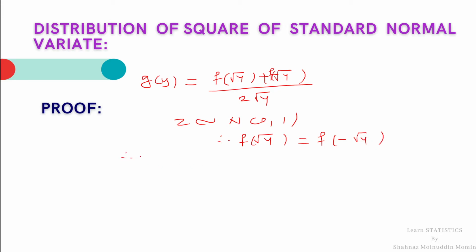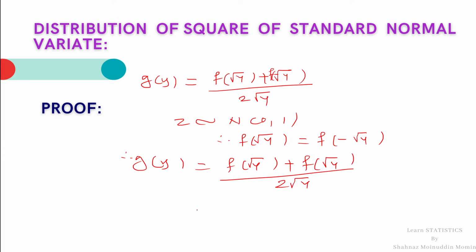Hence gy is equal to f of under root y plus f of under root y divided by 2 under root y. So it is 2 f of root y divided by 2 root y. 2 gets cancelled.